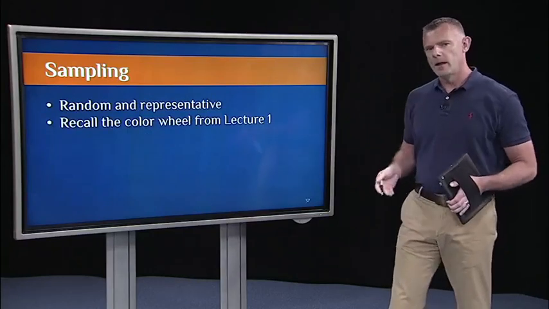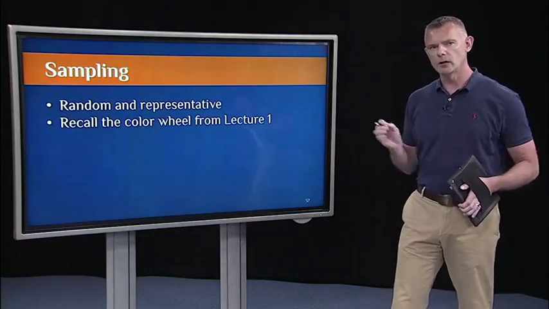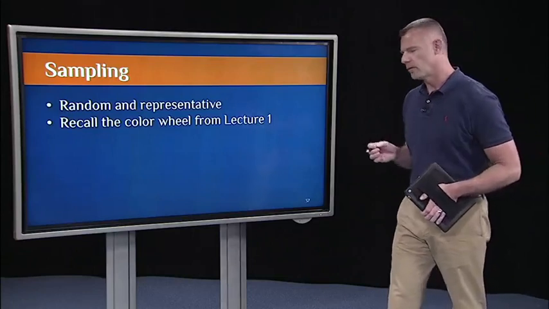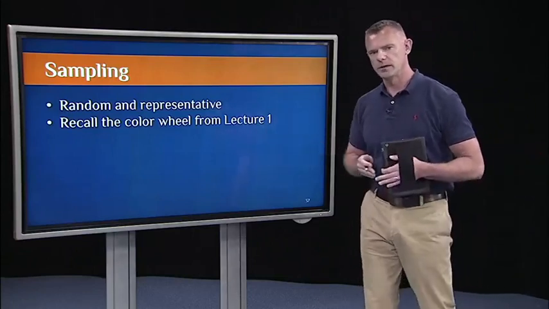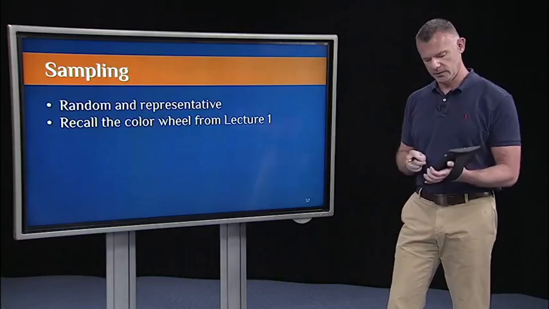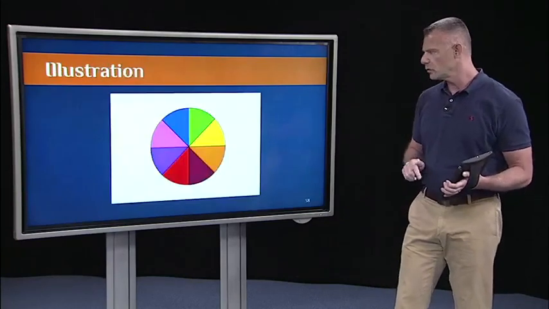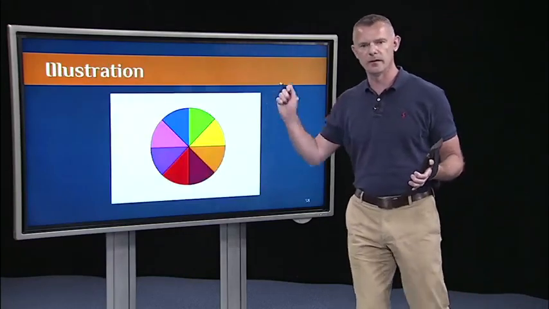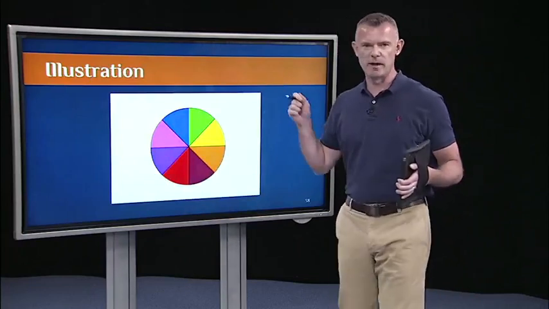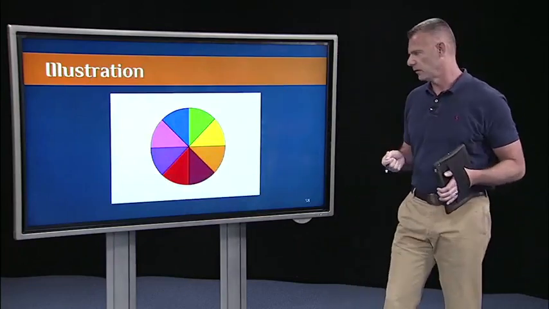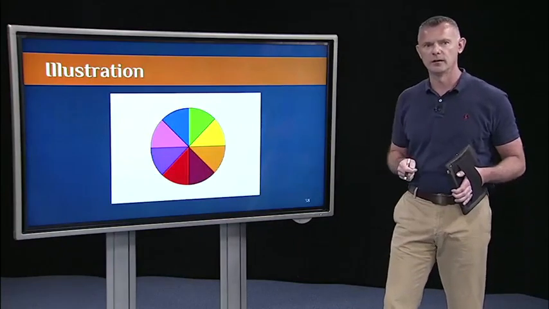So first, let's go back to the color wheel illustration from lecture 1, where I demonstrated this idea of randomness. So again, assume we have this color wheel and we can spin it, we could play a game, we could make bets on the wheel landing on certain colors.